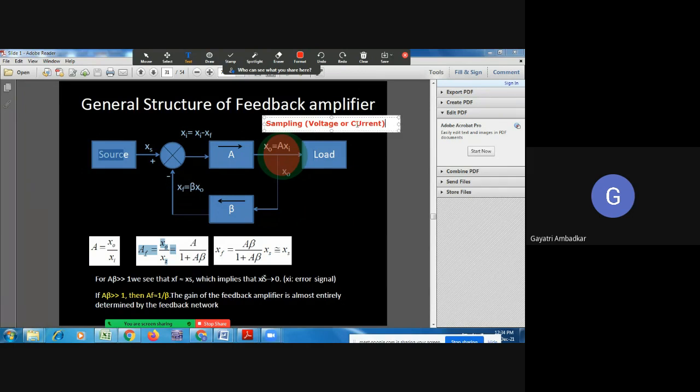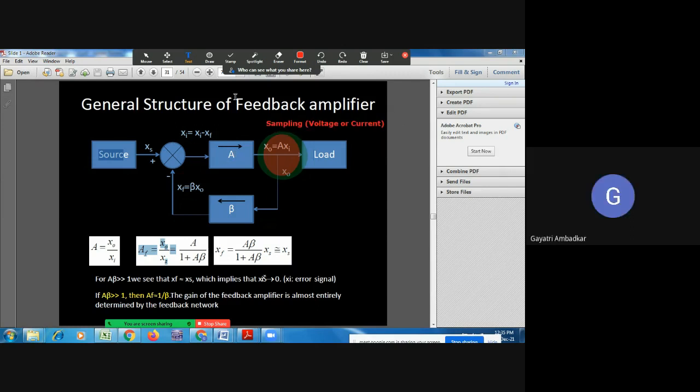Where is sampling taking place? Please reply. Where the sampling is going on? Input side or output side of an amplifier? Hello, sampling कुठे होत आहे?